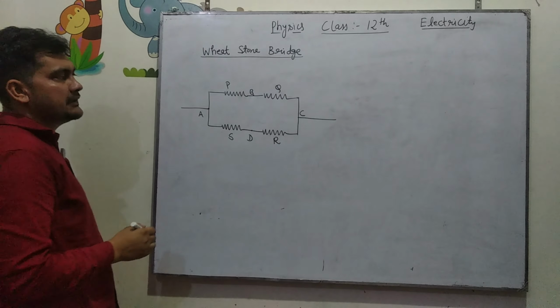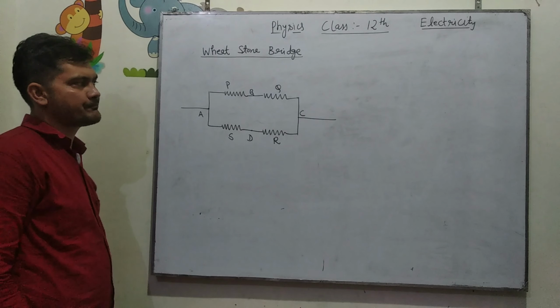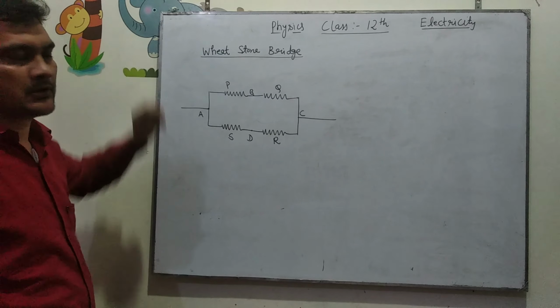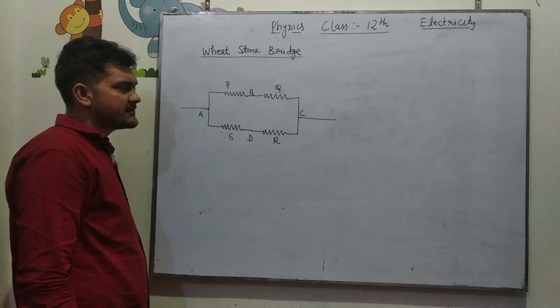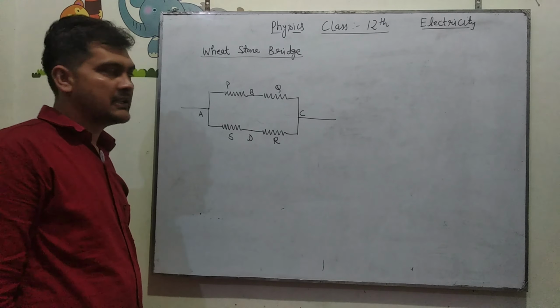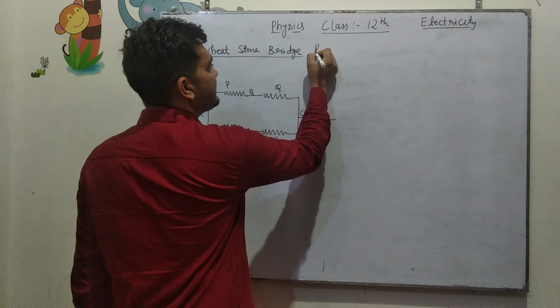These 4 resistances make a Wheatstone bridge. This arrangement is known as Wheatstone bridge. Okay, there is one principle related to Wheatstone bridge, that is known as Wheatstone bridge principle.